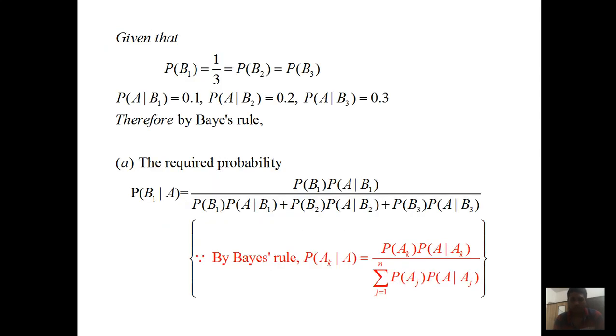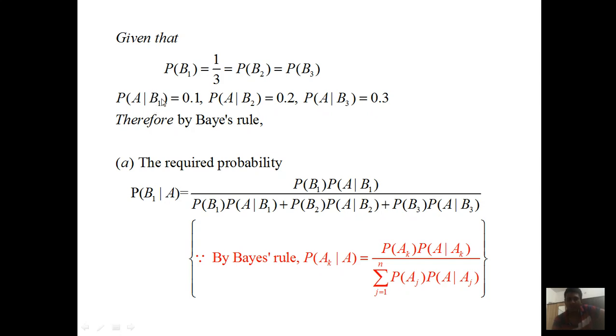So this represents the probability of A given B1. To find this, we find the probability of happening of event A when event B1 has already happened.